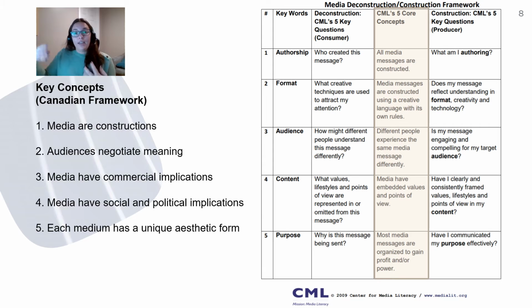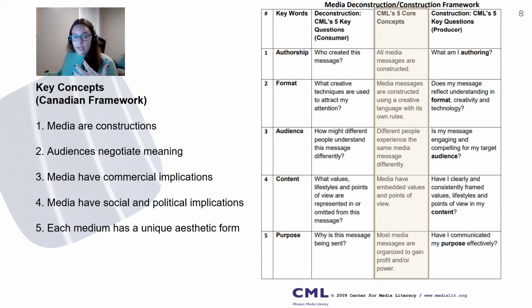Even good ideas in the world need to get power behind them, need to get people pushing them forward. So that's why I like the CML framework better, because it operationalized that in the purpose.